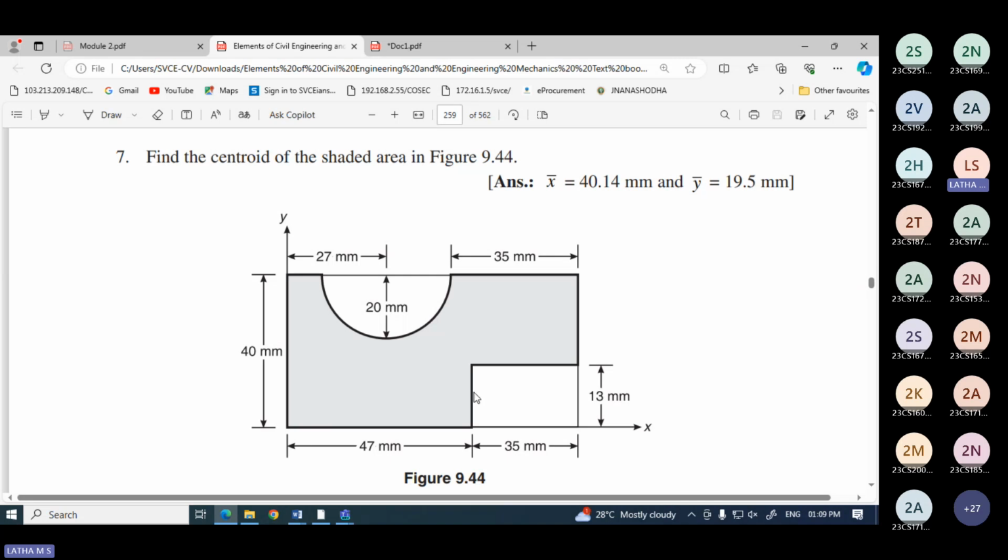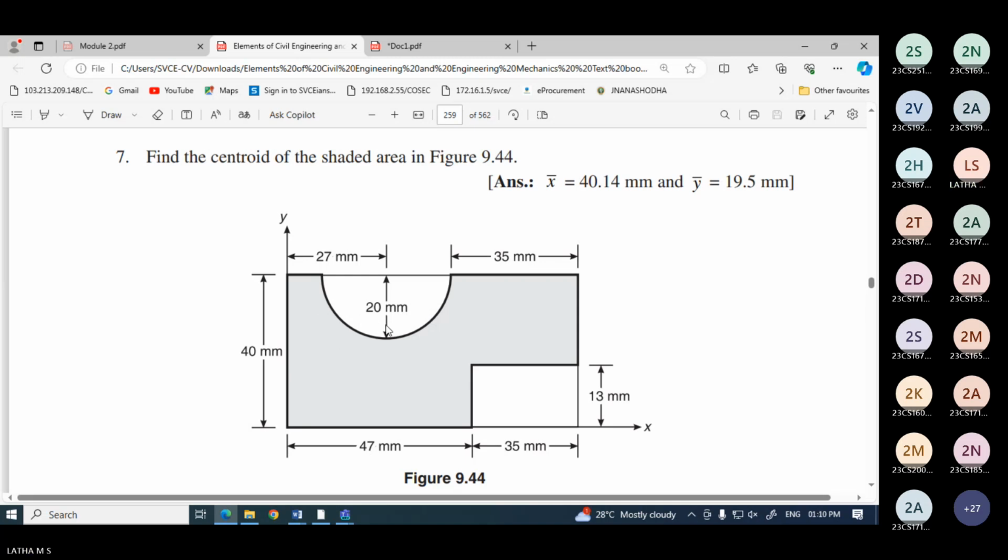X1 is 41, y1 is 20. What is x2 and y2? X2 is 27. Yes, repeat. X2 is 27. Good, correct.